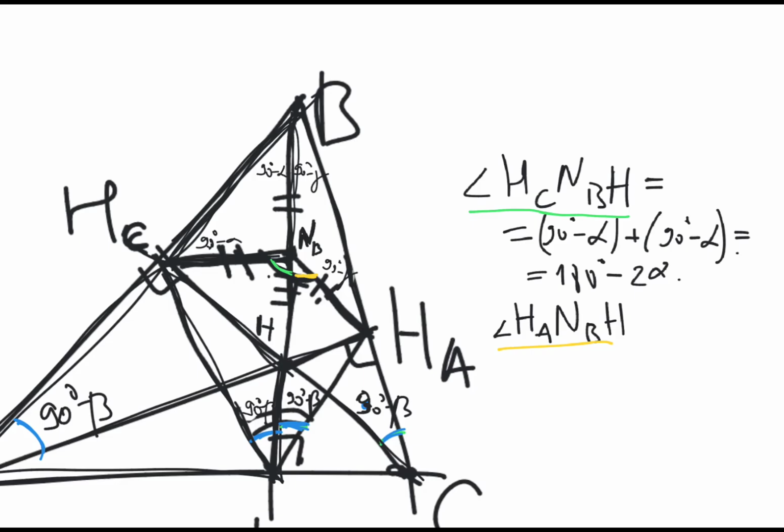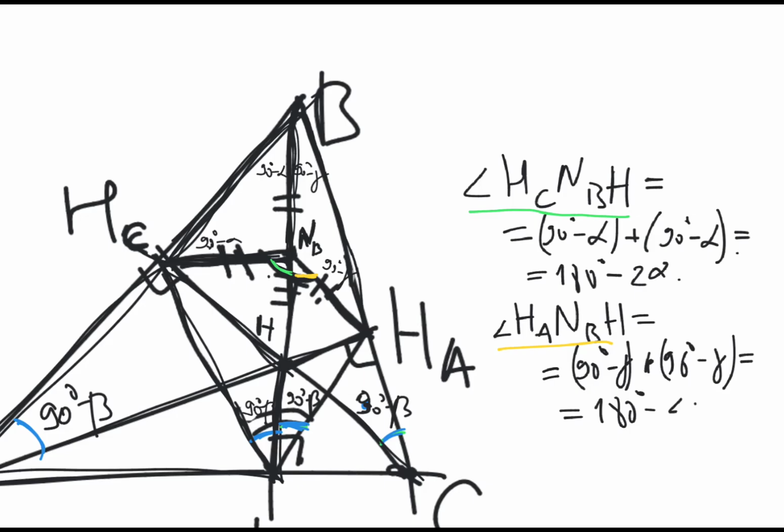So this angle is an external angle in the triangle BHA, so it's equal to the sum of the other two angles. So 90 degrees minus gamma plus 90 degrees minus gamma, and this is equal to 180 degrees minus 2 gamma.